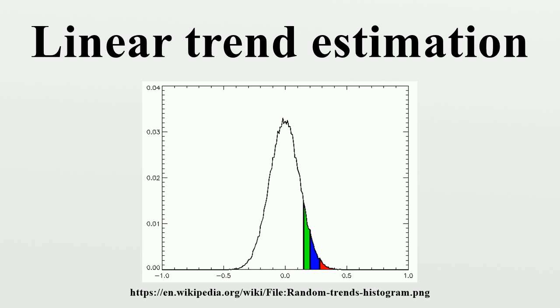In this case, it can be said that, at degree of certainty S, we reject the null hypothesis that the true underlying trend is zero. Conversely, a certain fraction of series that in fact have a non-zero trend will not be declared to have a trend. Data is trend plus noise.